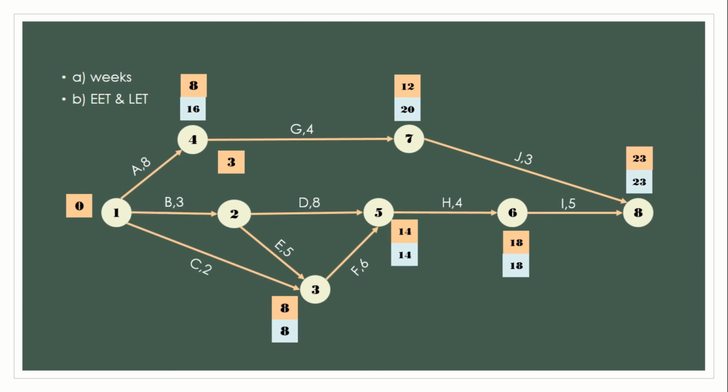For event 2, there are 2 directions, which is D and E. To calculate LET, we must choose the lowest number. If we look from event 3, 8 minus 5 is 3. Then we look at event 5, 14 minus 8 is 6.